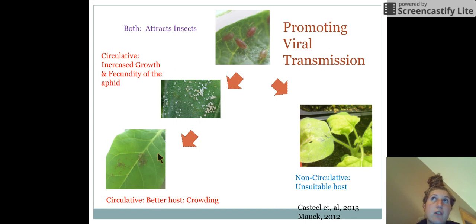In fact, one of the ultimate questions that I've been considering, and some people I've talked to casually in the lab have been considering, is whether the virus is intelligently promoting this increased aphid growth and fecundity, or increased aphid performance, or whether this is just an indirect cause of infection. For example, if we damaged a plant in any sort of way, would it result in similar effects?